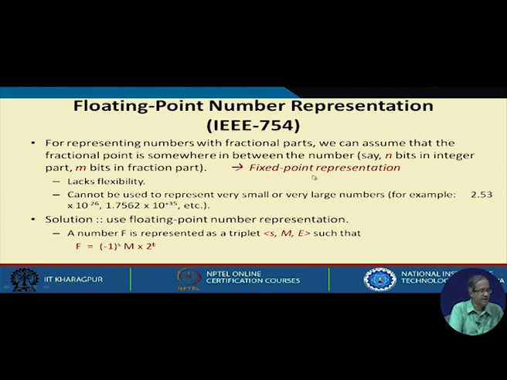Firstly, we already talked about the fixed point representation earlier. There we had said that if we have a number with a fractional part, then we can have n bits in the integer part and m bits in the fractional part. So, the radix point is fixed, but in this representation we have limited amount of flexibility. Why? Because you cannot represent, for instance, very small or very large numbers which occur very frequently in scientific computations.